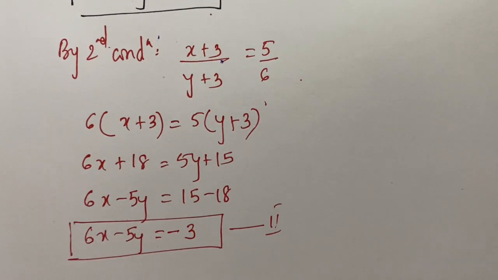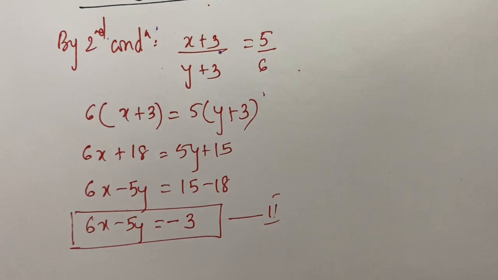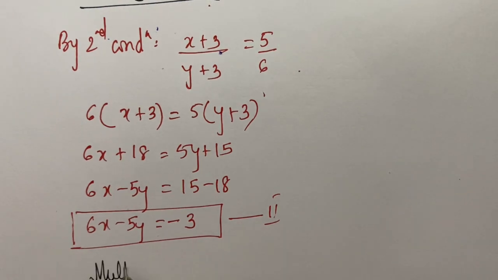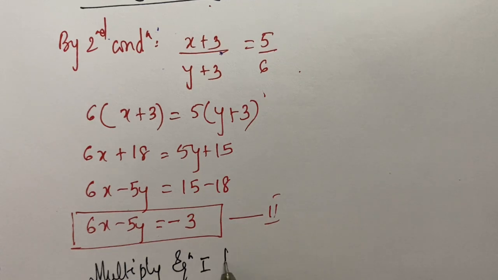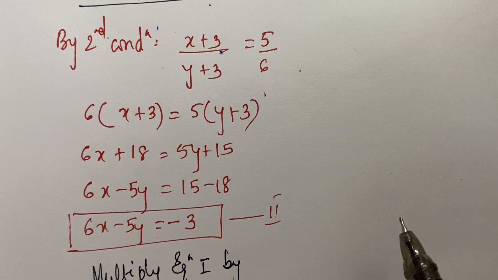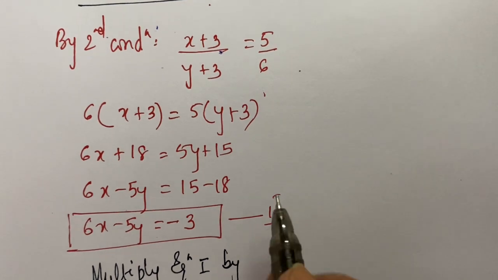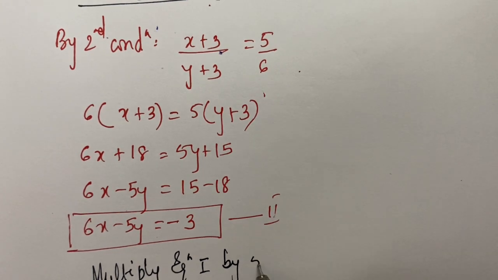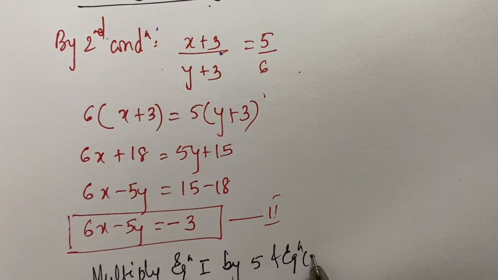Okay, so we write multiply equation 1 by 5 and equation 2 by 9.